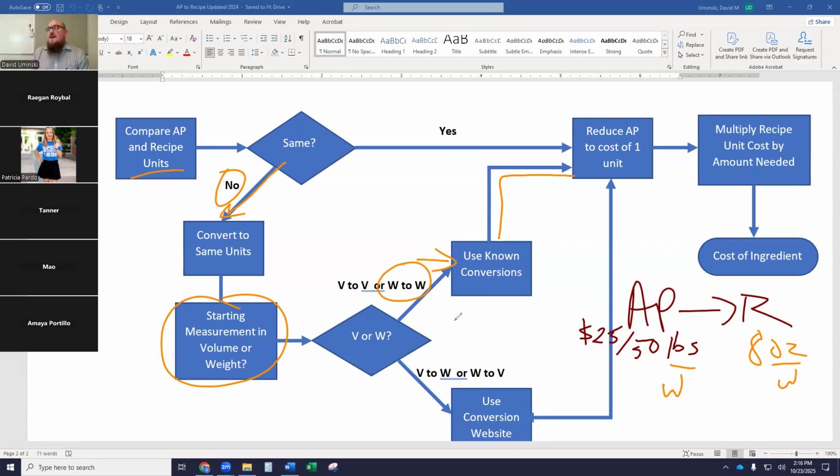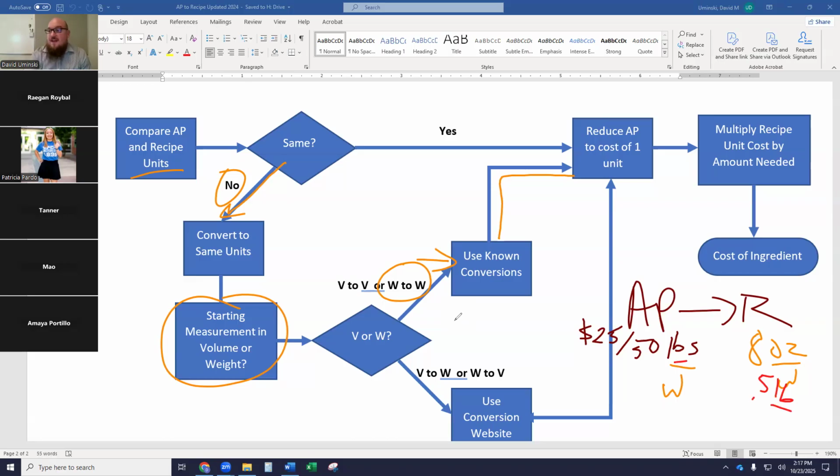You have to use your knowledge and think critically about what we're applying to these recipes. We don't always have to change the AP. How many pounds is 8 ounces? Half a pound, right? So I could change this to 0.5 of a pound, and now my units match.